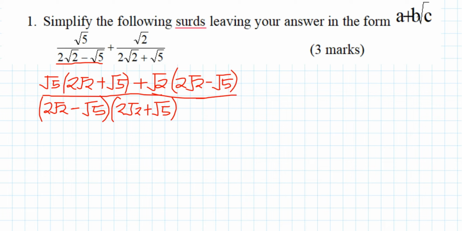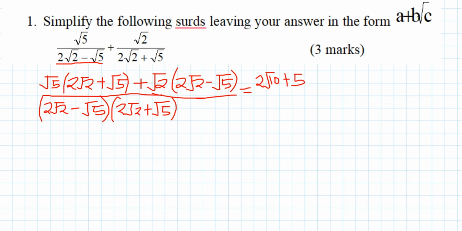And now here, so that you can be able to work out the numerator, we open up the brackets, and then after opening up the brackets, we put the like terms together. So for example, for the first one, we take root 5 multiplied by 2 root 2. So then we're going to have 2 root 10. And then we take root 5 multiplied by root 5, and then now we're going to have 5.